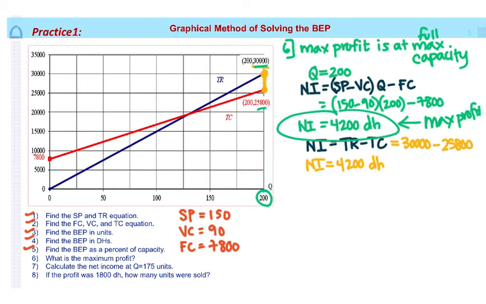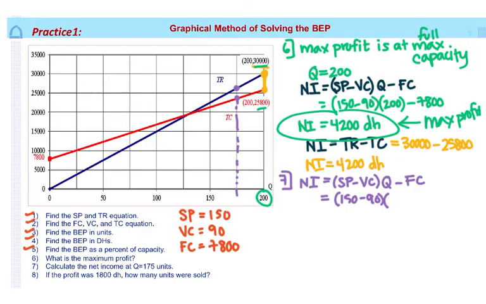Now it says for part 7, calculate the net income at Q equals 175 units. So that's here. It's difficult to see from the graph itself. We can tell it's going to be profit, but again, I'll use this net income formula, selling price minus variable cost times quantity minus fixed cost, and I will plug and chug my numbers. 150 minus 90.